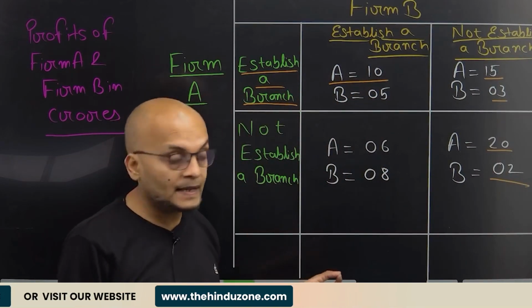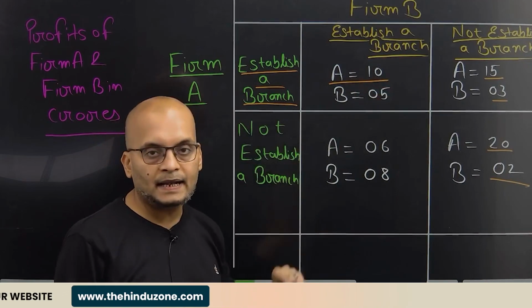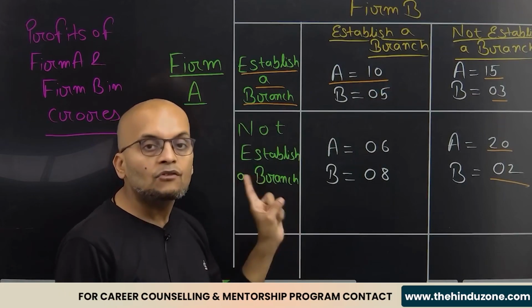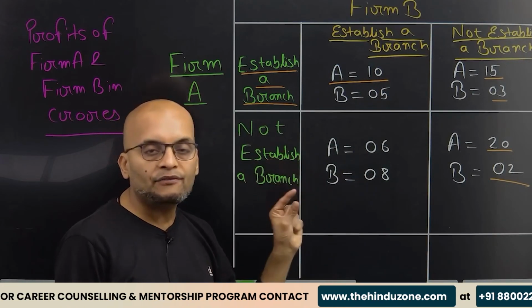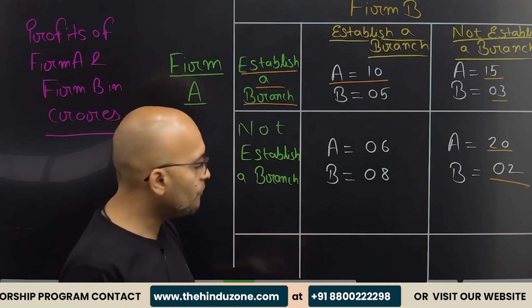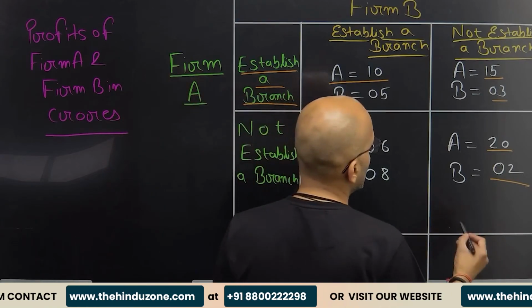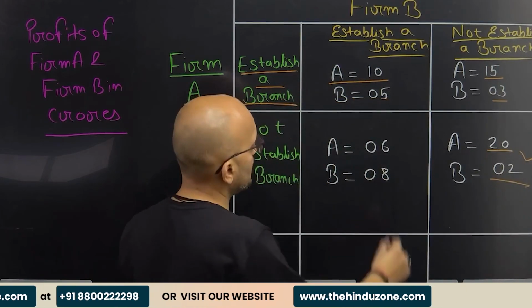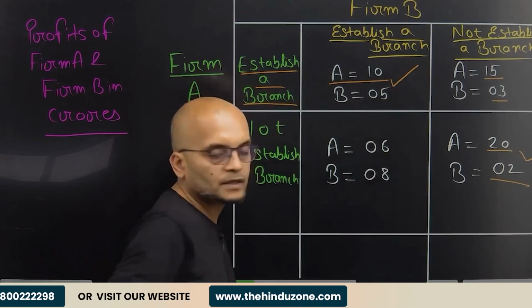So in this case, when firm B has decided that it won't open a new branch, firm A will have more profit if it decides not to open a branch. Obviously, firm A wants to maximize its profit, so it will go with this option. Initially, it went with the other option.